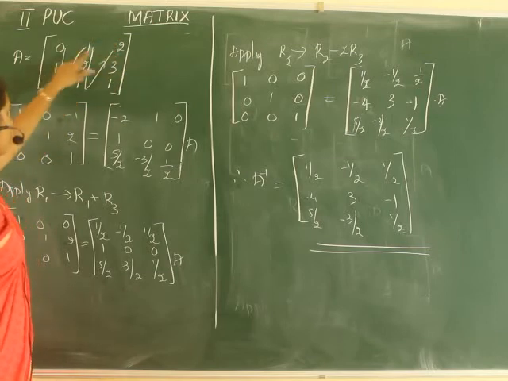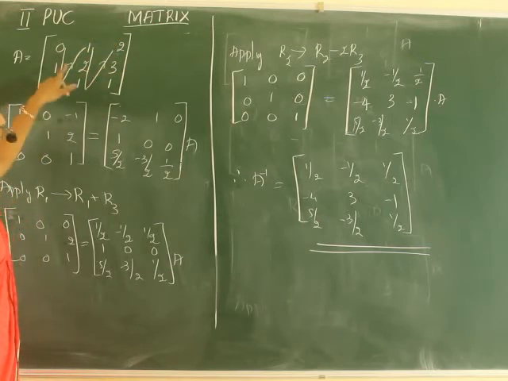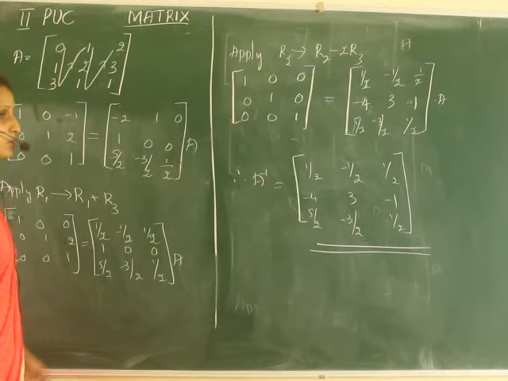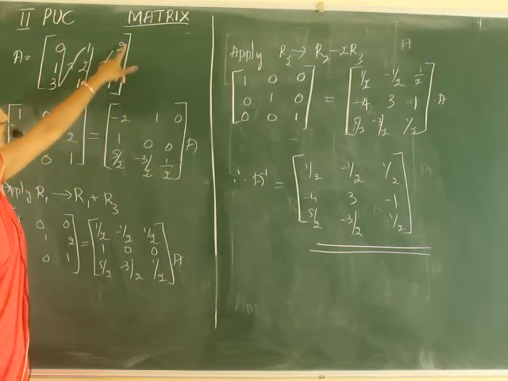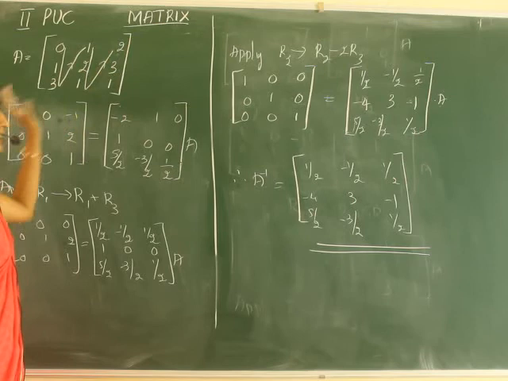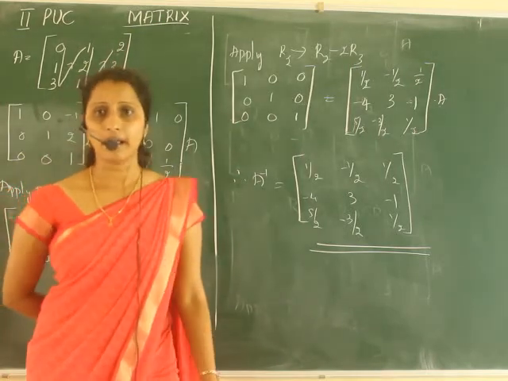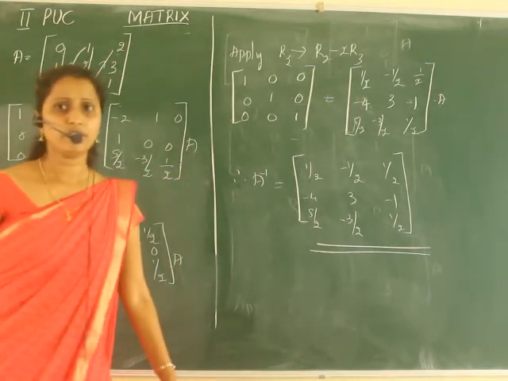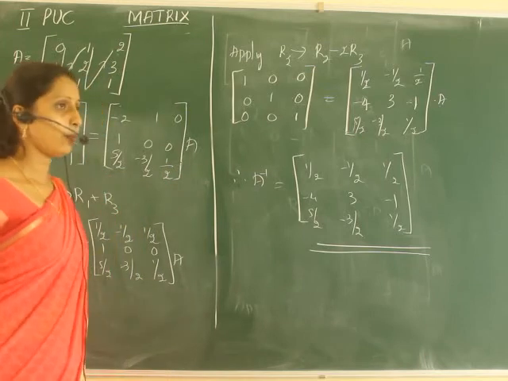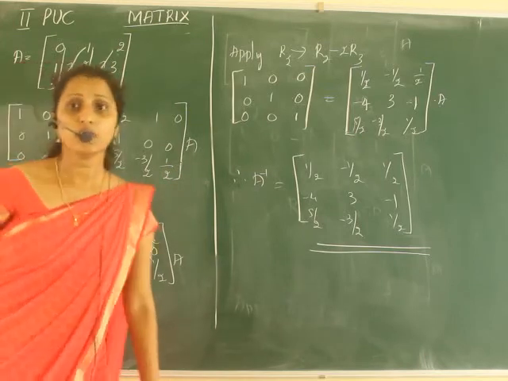Either way I have given, you can follow, or the one more way I solved here, that also you can use. Here in the last steps I have done R1 plus then R2. You can change also. After this you can go here or here, anyway you can convert. So this is a method of finding the inverse of a given matrix. The same problem you can also solve by column operations. Now I have done it with row operations.